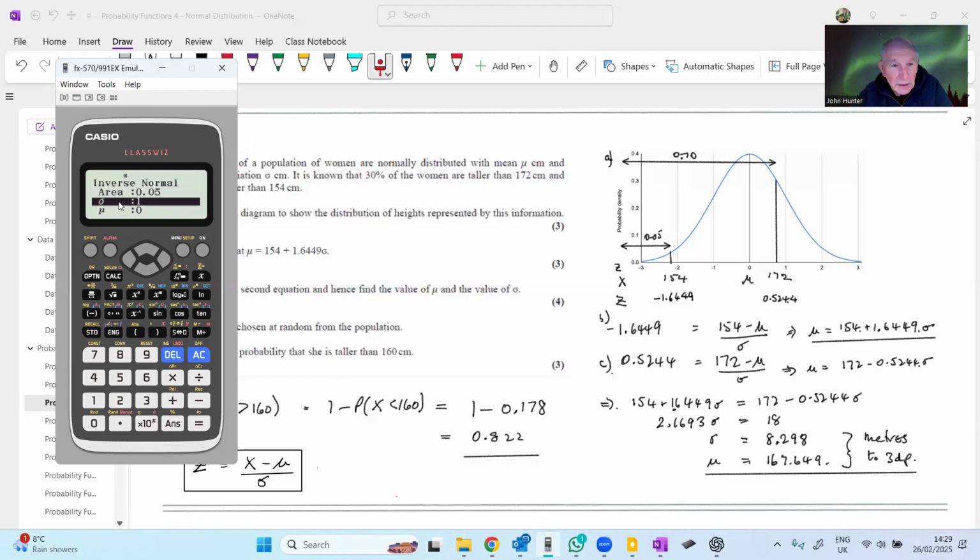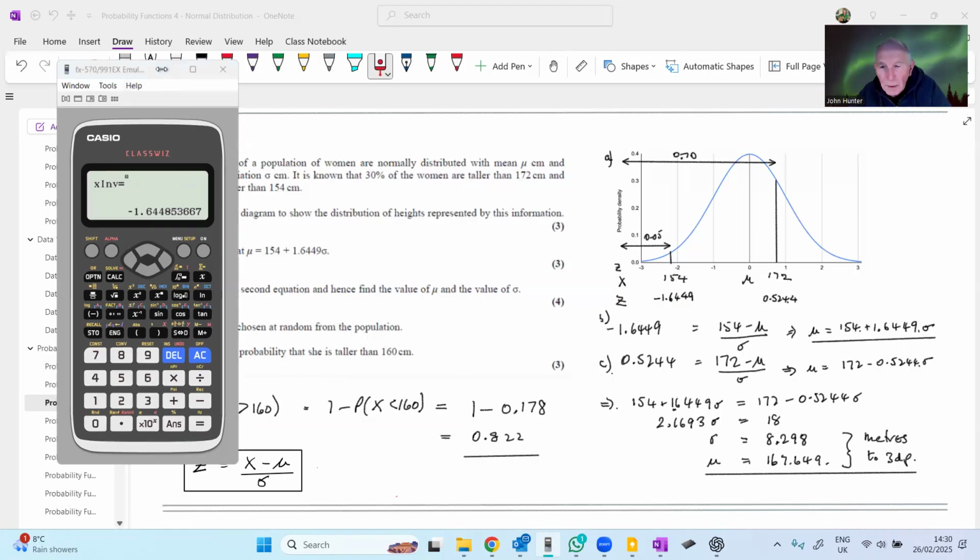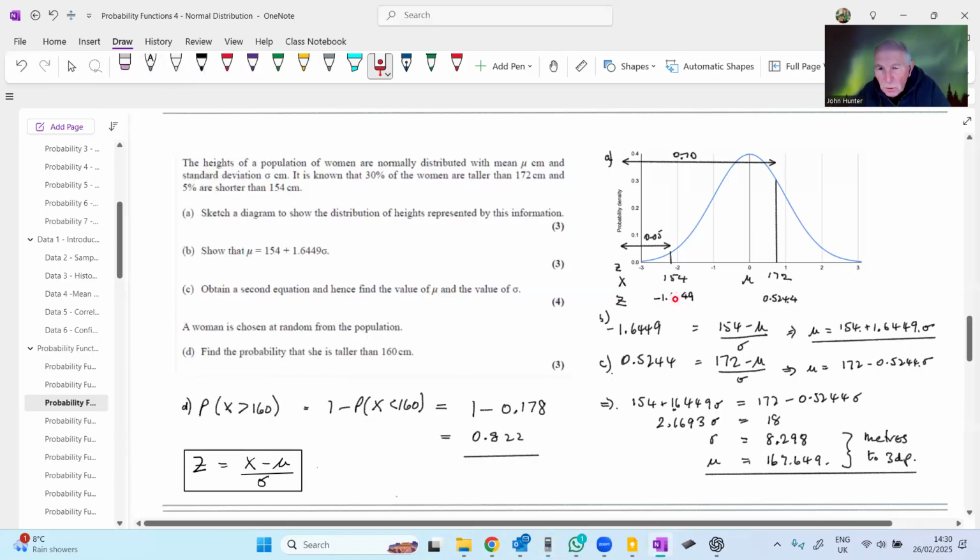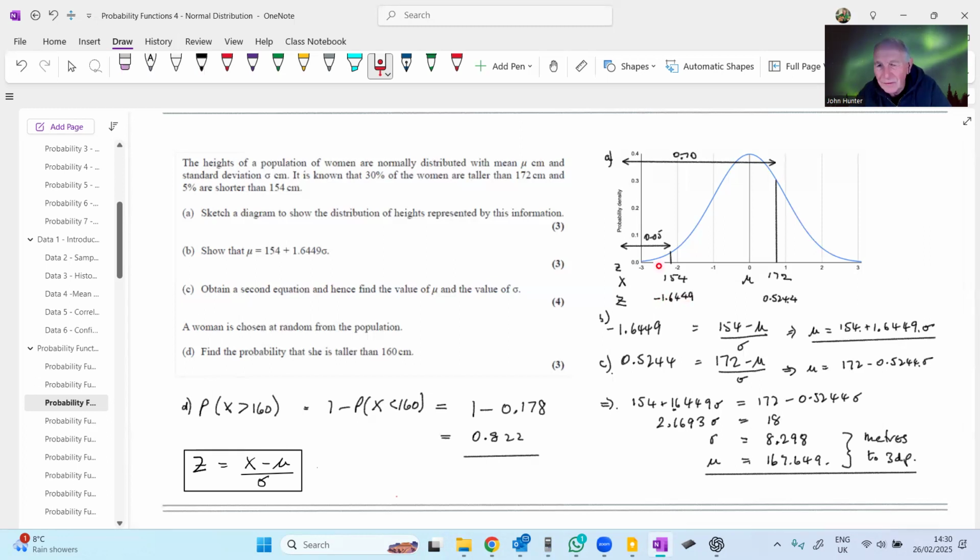So we want a standard deviation of 1 and a mean of 0. And that's going to give us this value here, minus 1.6449 to 4 decimal places. Okay, so that's where that comes from. So that is the Z value that corresponds to 5%.